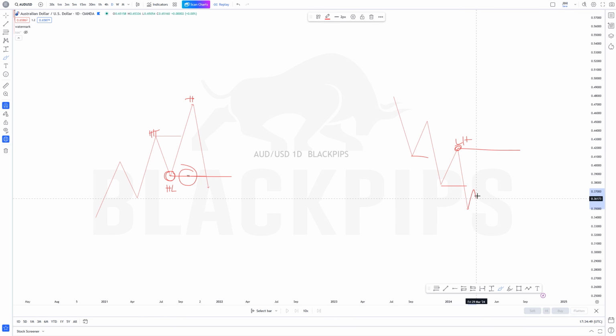And if the market comes and closes above this previous lower high, the market will give us the transition. So the transition in the bearish market structure occurs when the market fails to respect the previous lower high.